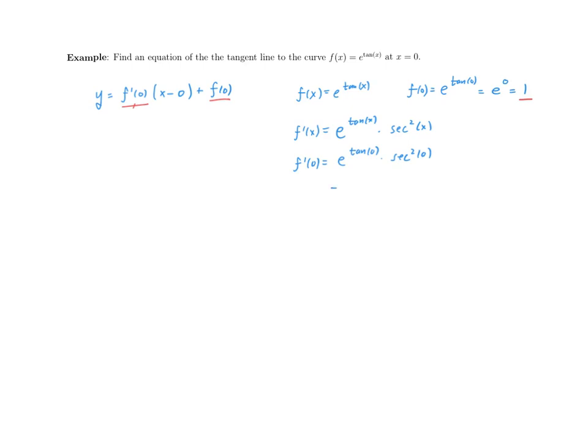In this case, we've already said tangent of 0 is 0, and secant of 0 is 1. So this is 1 times 1, which is 1. And we can substitute these values into the left, and we have y is equal to 1 times x minus 0 plus 1. And you could leave it in that form. Or you could write this as y equals x plus 1.